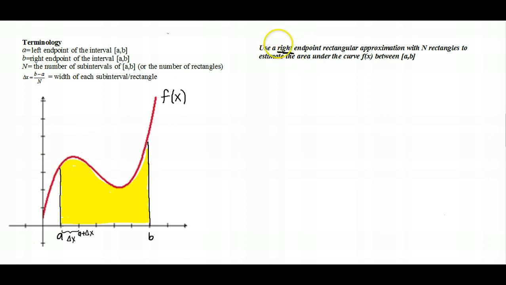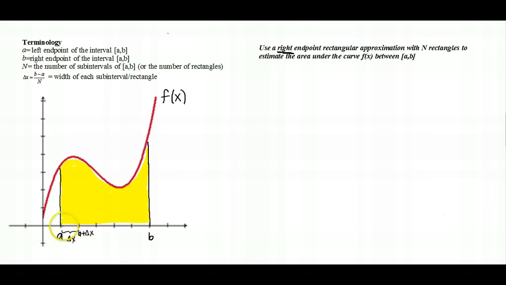But here's where this word right endpoint comes in, or this emphasis on right. Over the little interval between A and A plus delta x, I need to go to the rightmost point and map that up to the function to define the height of my rectangle.